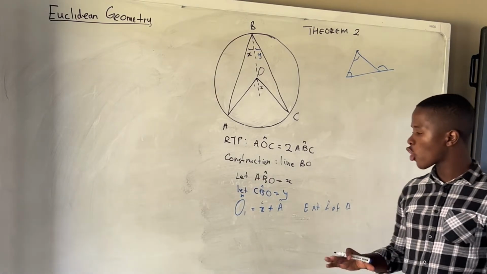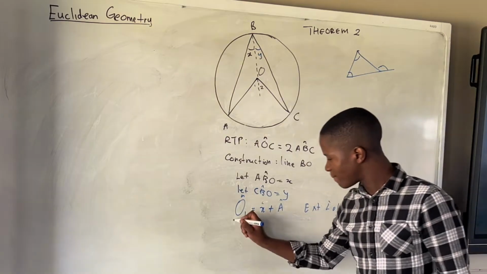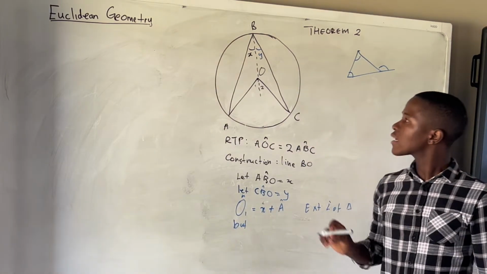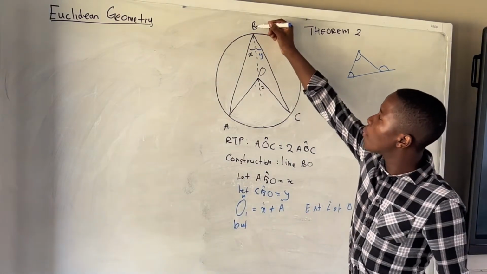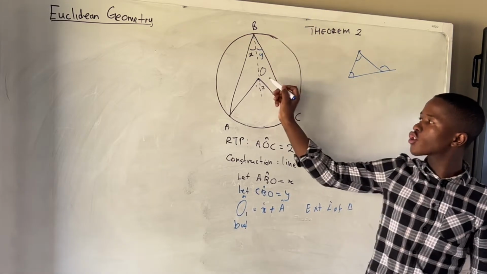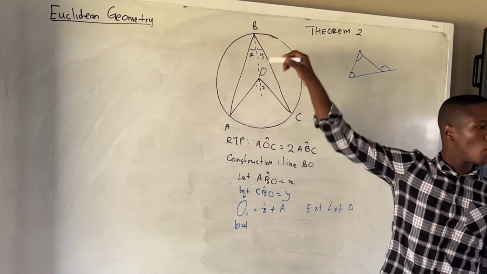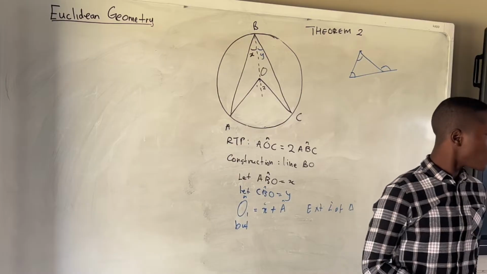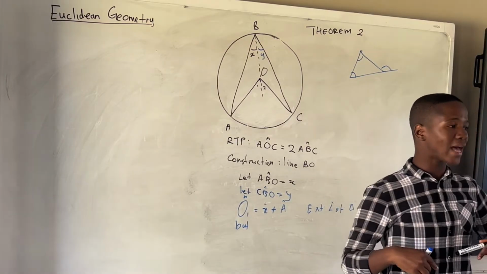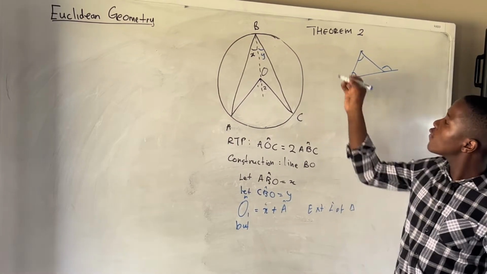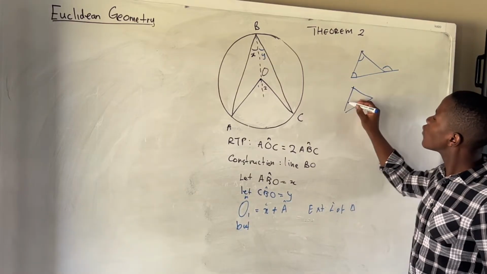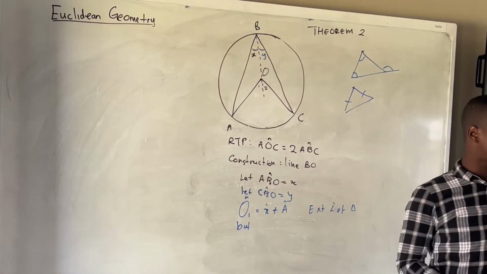Now, from there, if you look at this angle, can you see that your BO and also your OA, these are your radii, right? Which means those sides are equal. So if these sides are equal, it forms what we call an isosceles triangle.